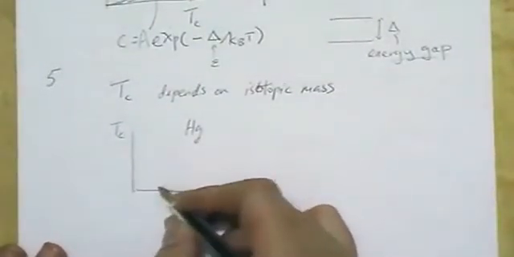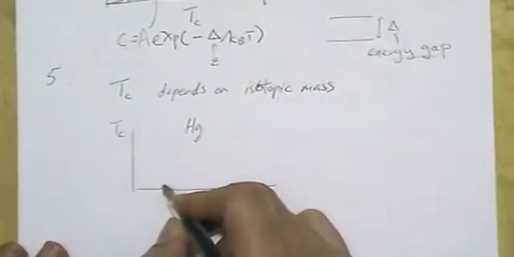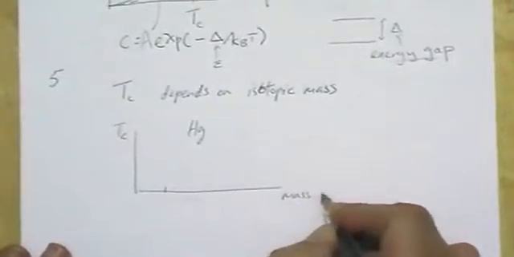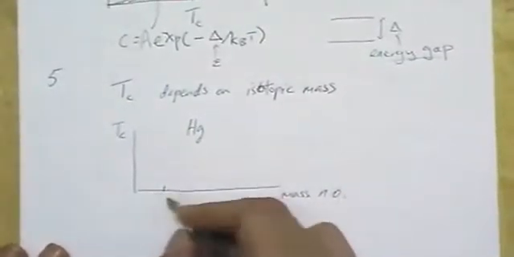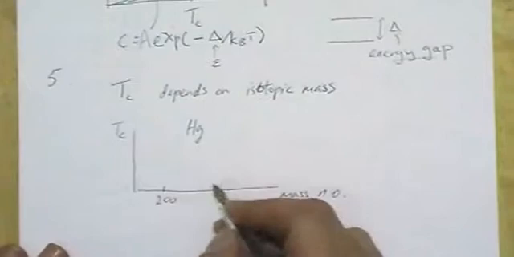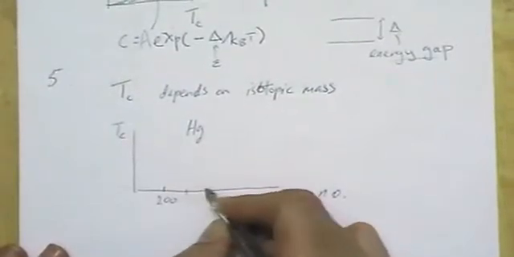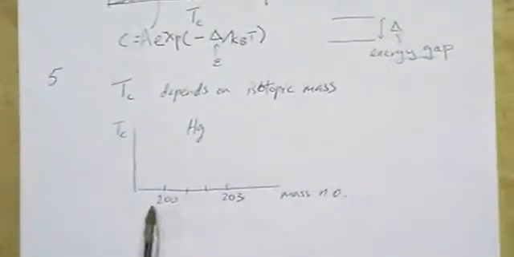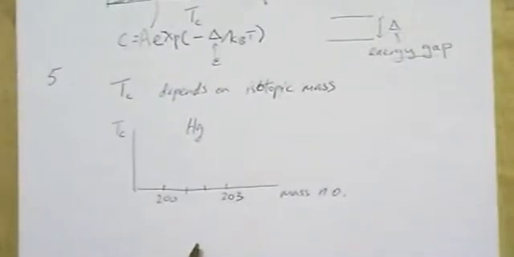Isotopes ranging from one with mass number 200, 201, 202 and 203. So there are these isotopes of mercury.